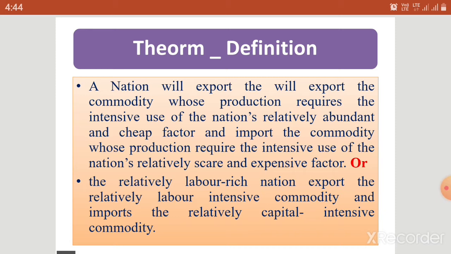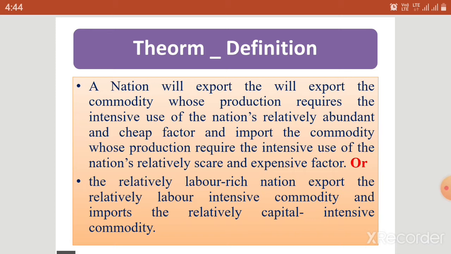Some countries may possess some factors of production very largely, very plenty. Which factor is available in your country very abundantly?